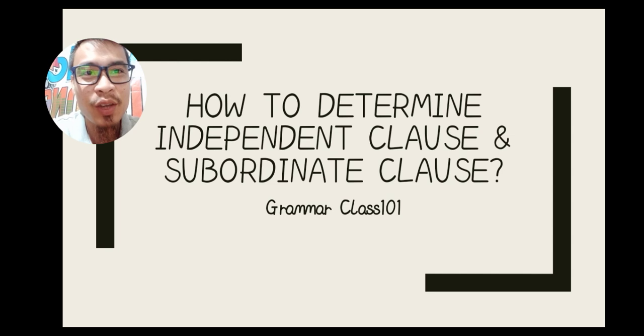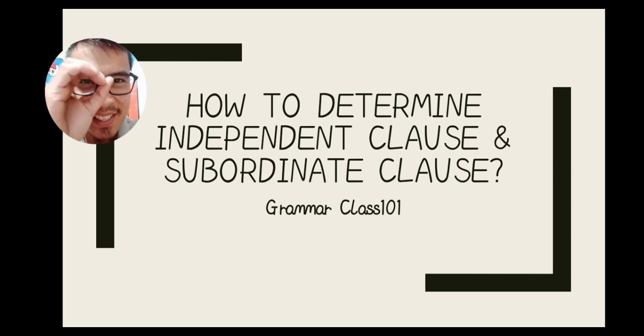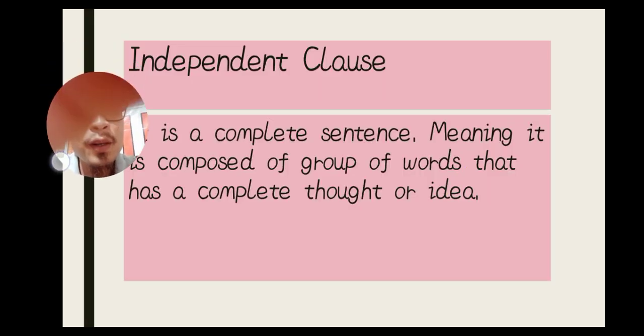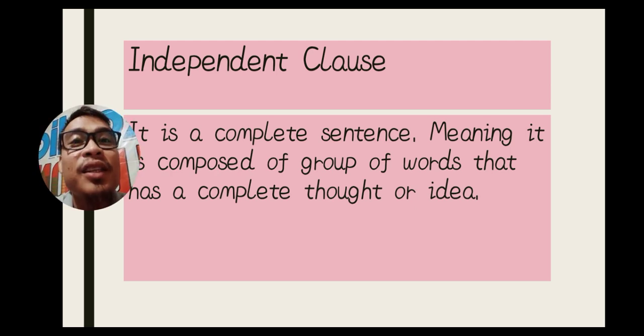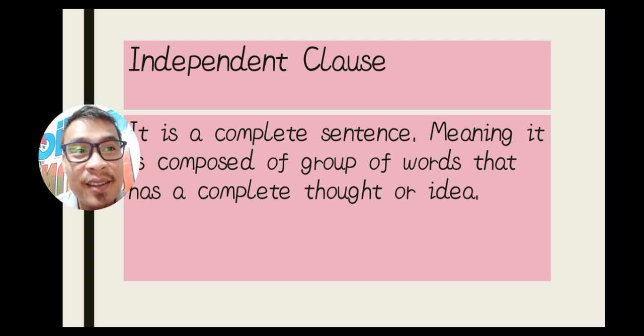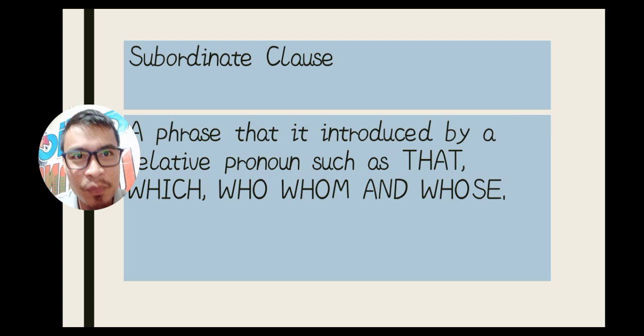Today I'll discuss to you guys how to determine independent clause and subordinate clause. Let's go. Independent clause is a complete sentence. Guys, remember this is a complete sentence, meaning it is composed of a group of words that has a complete thought or idea.